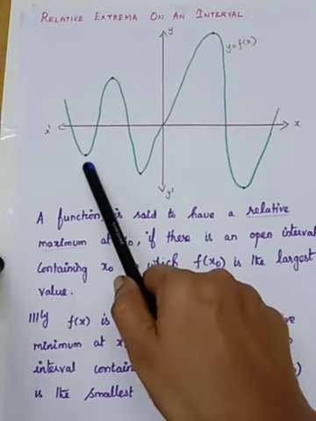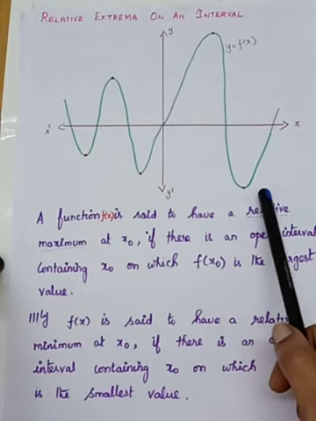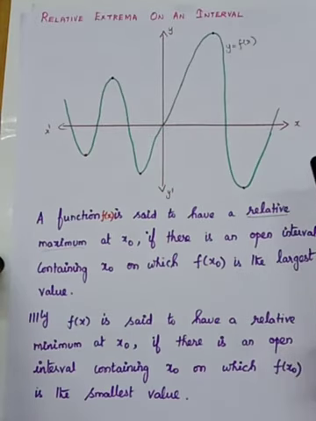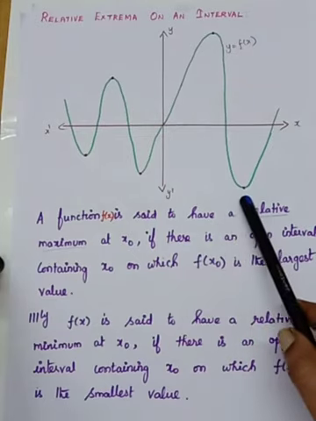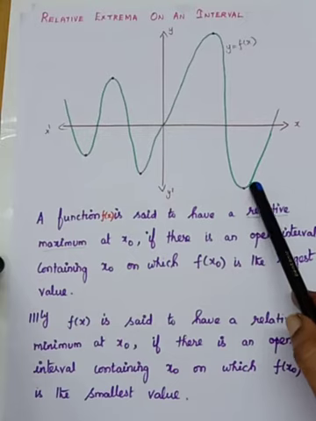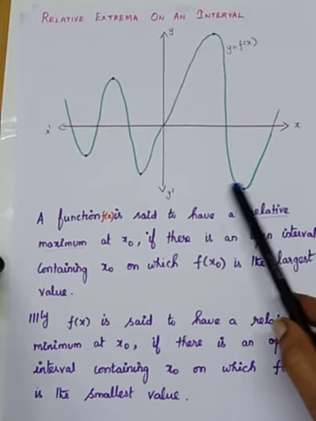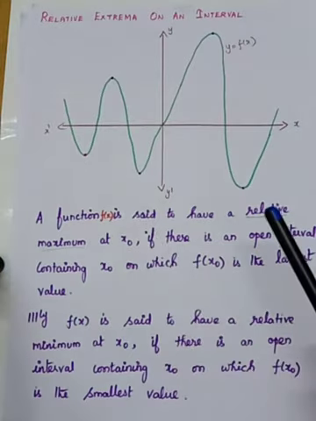So see these 3 points in the graph. At these points the function attains minimum. Among these 3 points, this point is called the absolute minimum value. These two are nothing but local minimum or relative minimum.